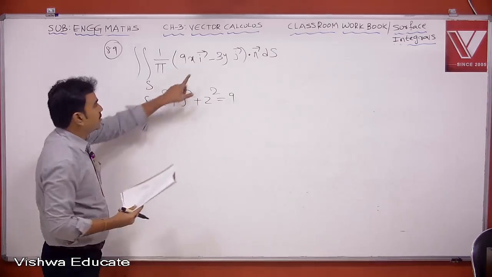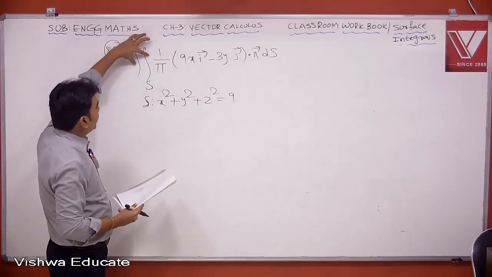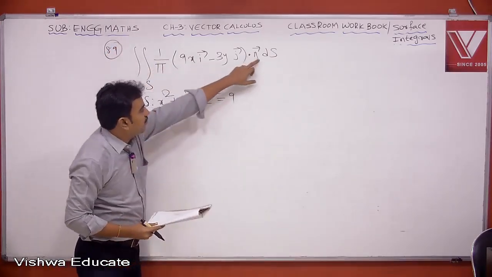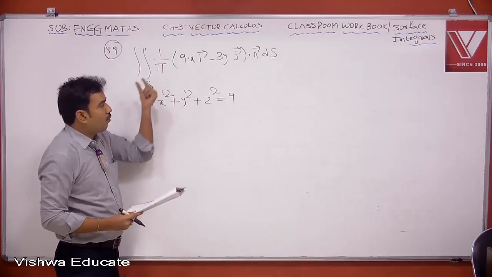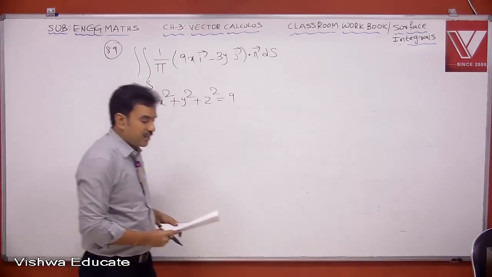So we need to find this surface integral. This is in the form double integral f bar dot n bar dS over S. So what is the value of this surface integral?